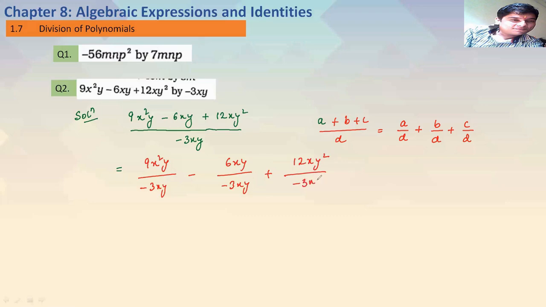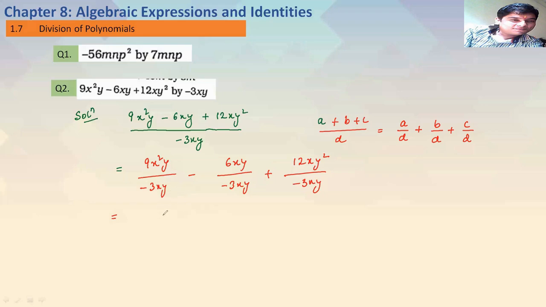Let the negatives be as they are at their positions. So now it is monomial by monomial only, right? Each term is a monomial by monomial. Yes. So let's get it done.